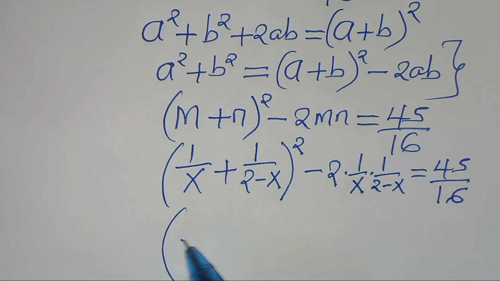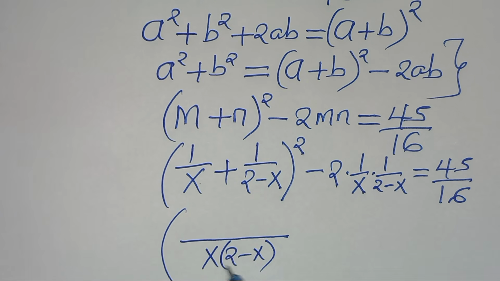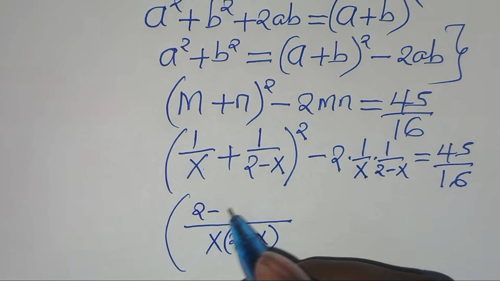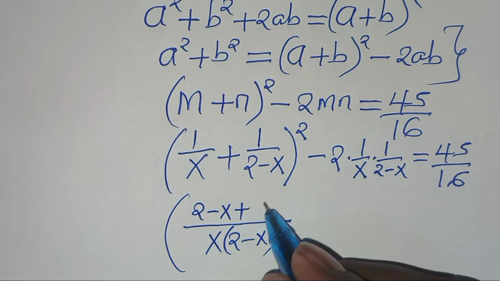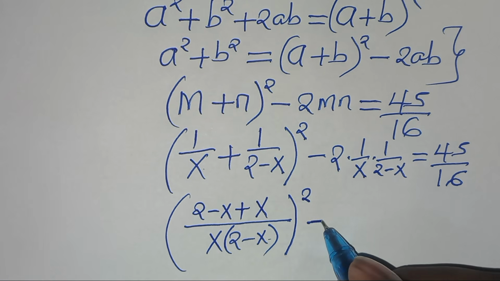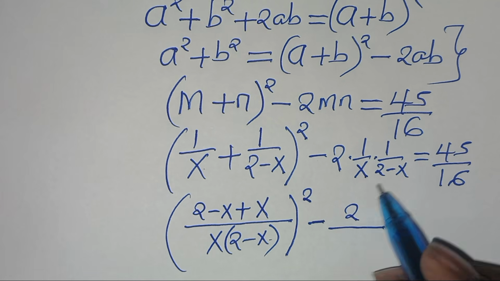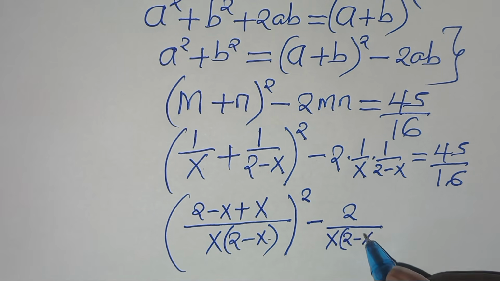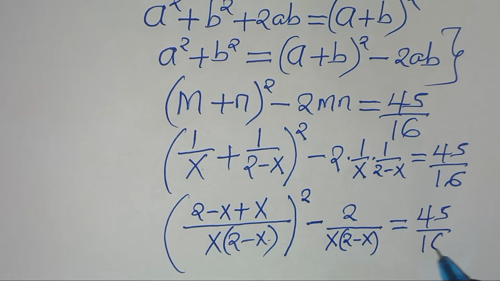Here we have the LCM, which is x multiplied by (2 minus x). So x(2 minus x) divided by x is 2 minus x, plus x(2 minus x) divided by (2 minus x) is x, everything here raised to the power of 2, then subtract 2 times 1, which is 2, divided by x multiplied by (2 minus x), equal to 45 over 16.